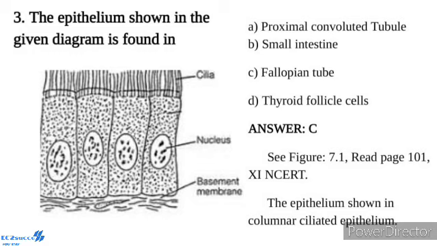It lines the oviduct, that is fallopian tube, terminal bronchioles, and central canal of the spinal cord of the embryo. So the correct answer is option C. C is fallopian tube.